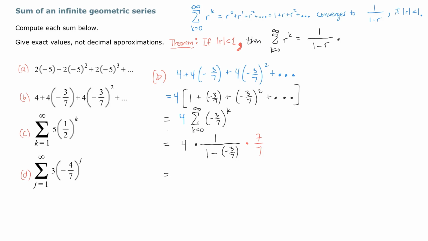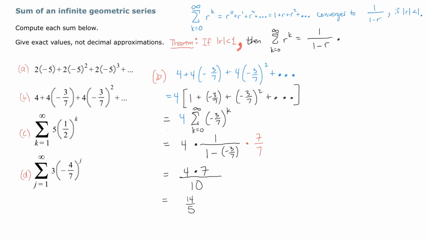We get 4 times 7 in the numerator, all over 7 plus 3. Gorgeous. And 7 plus 3 is just 10. We could reduce factors, so 2 over 5 times 7, so 14 over 5.